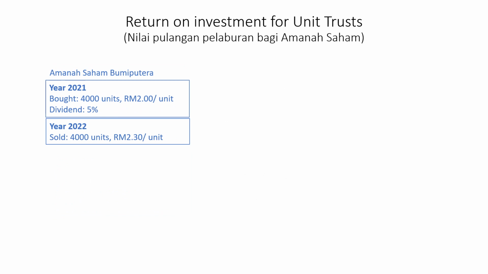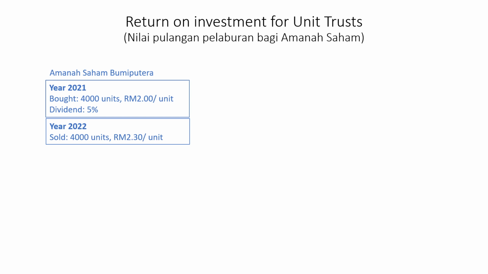The return on investment for unit trust is a little bit different from the real estate just now, because you gain dividend. So this is an example, Amanah Saham Bumiputera, the unit trust.